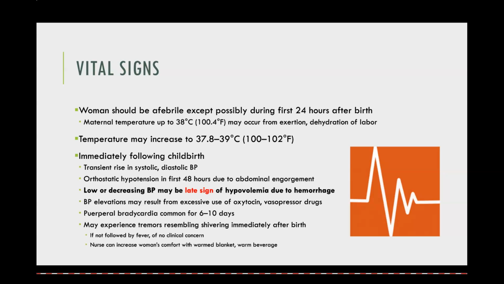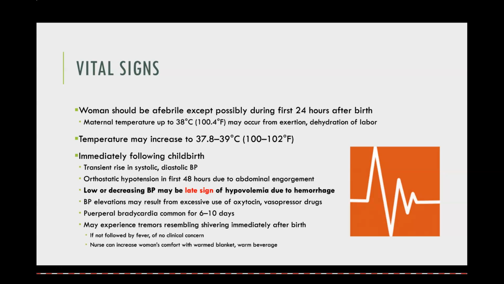People who have low or decreasing blood pressure, that can be a late sign that there is some hypovolemia due to hemorrhage. So don't ever just depend on your blood pressure to tell you whether or not your mom is having some hypovolemia. You need to be assessing other areas and other things. Blood pressure elevations can happen because of excessive use of oxytocin or other types of vasopressor drugs.